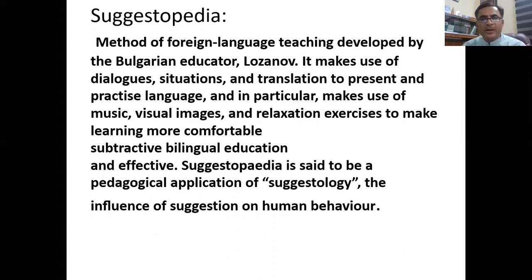And in particular, it made use of music, visual images, and relaxation exercises to make learning more comfortable. Suggestopedia is said to be a pedagogical application of suggestology, that is, the influence of suggestion on human behavior.